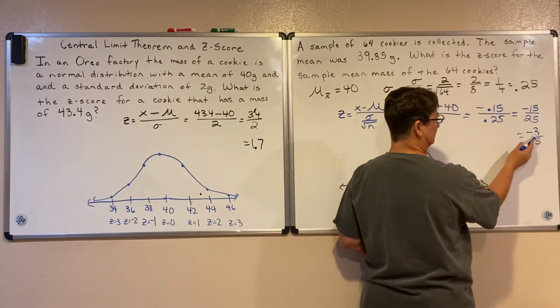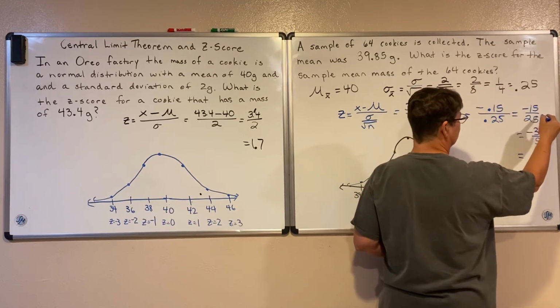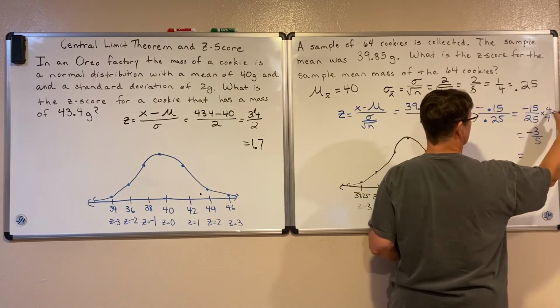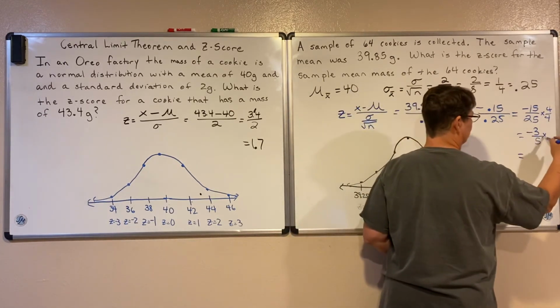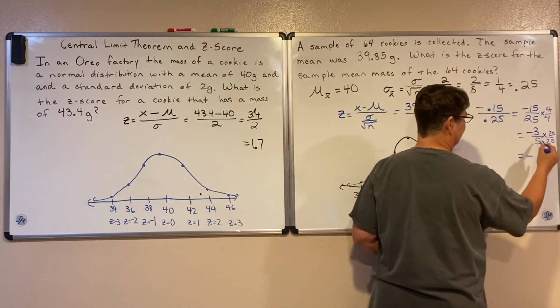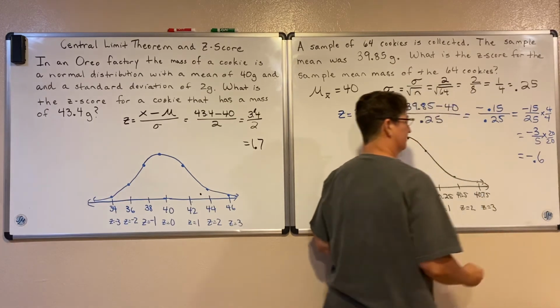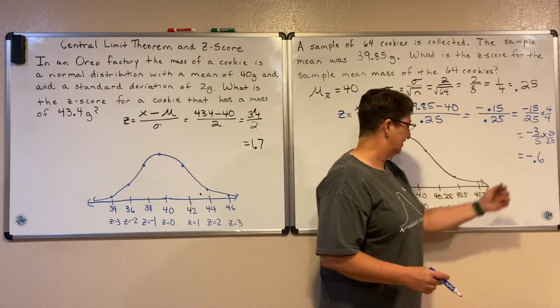This fraction is the same as that fraction. Or to make it into a decimal, you could say times 4 over 4 here I would have to do times 20 over 20. Either way, I'm going to get negative 0.6.